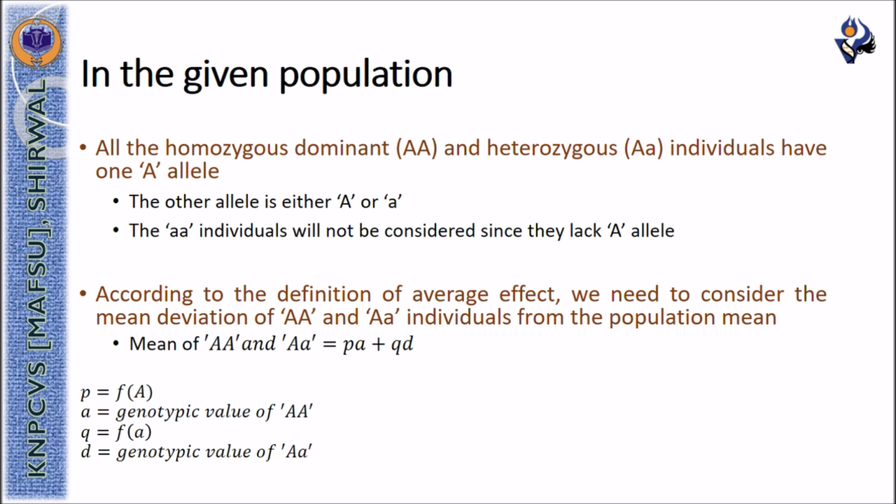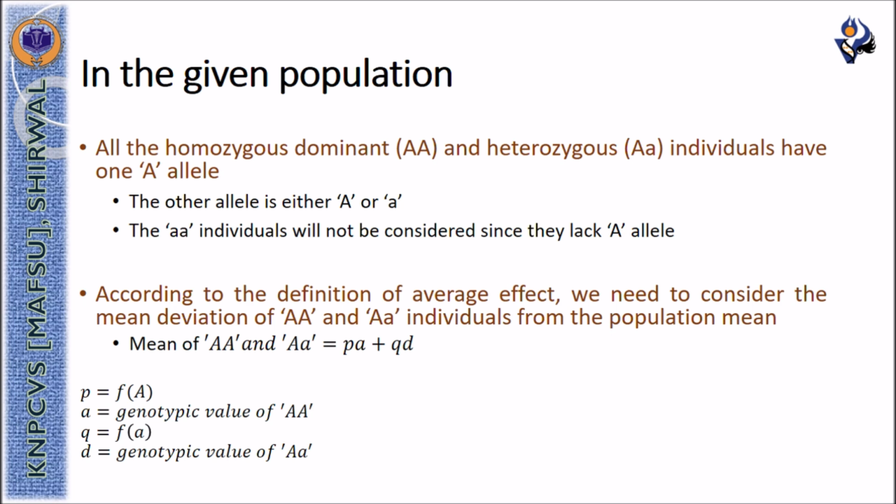Homozygous recessive aa individuals will not be considered since they lack a dominant A allele. According to the definition of average effect, we need to consider the mean deviation of homozygous dominant and heterozygous individuals from the population mean.